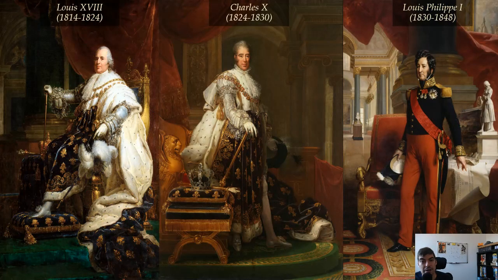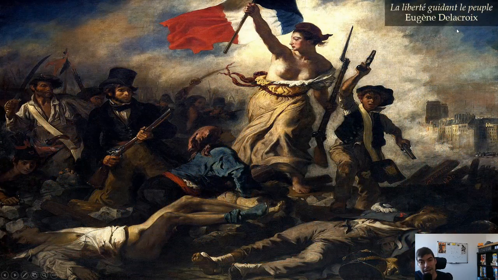And these are the three kings of France in the 19th century: Louis XVIII, Charles X, and Louis Philippe I. And here you have the very famous painting La liberté guidant le peuple, Liberty Leading the People, la libertad guiando al pueblo, by Eugène Delacroix. This painting is usually associated with the French Revolution, but no. This is depicting the Revolution of 1830.